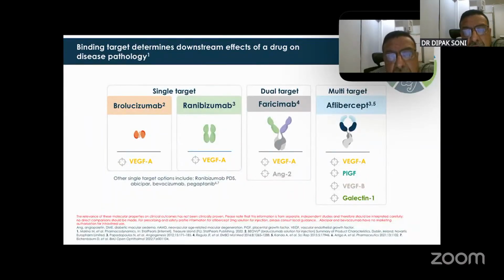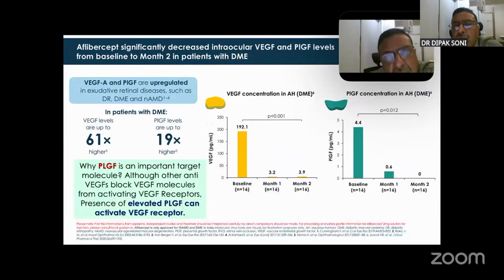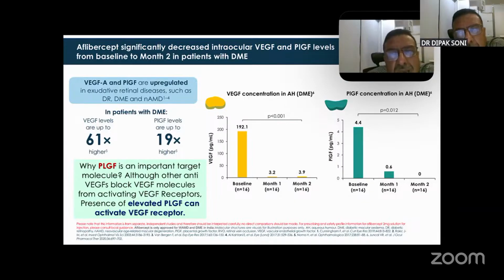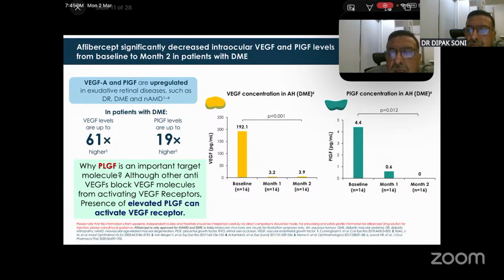What happens is that in neovascularization, the vessels are very fragile, so they tend to break down easily. The complications are diabetic macular edema, diabetic vitreous hemorrhage, and blurring in the retina; all of that happens due to the neovascularization, leading to macular edema.